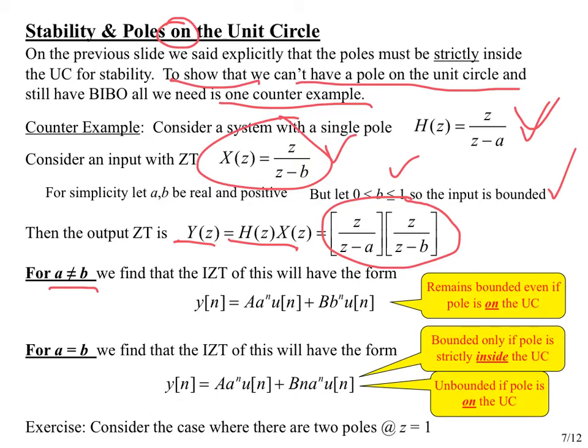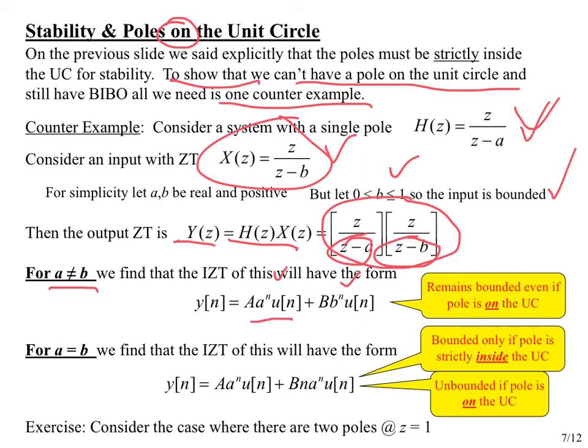So we would do a partial fractions expansion of this, and we'd get a term for Z minus A and a term for Z minus B, and those would transform to these two respective terms. And both of those are bounded. Well, they're certainly bounded if the pole is inside the unit circle. If the pole is on the unit circle, then A to the n, A will be 1.